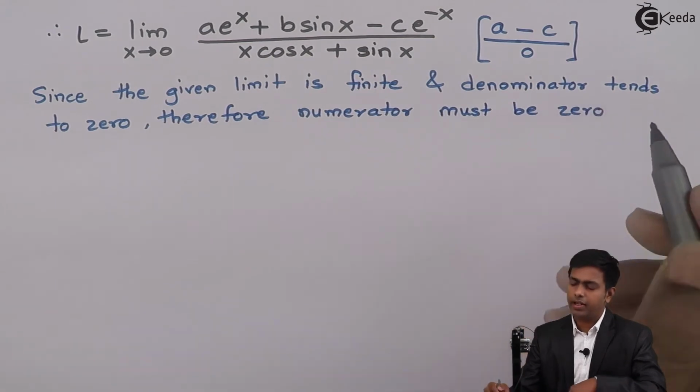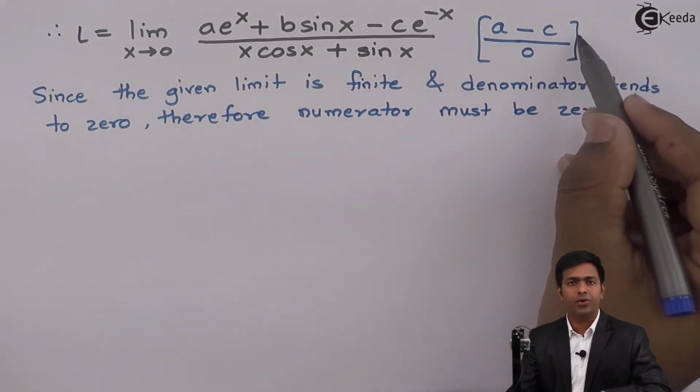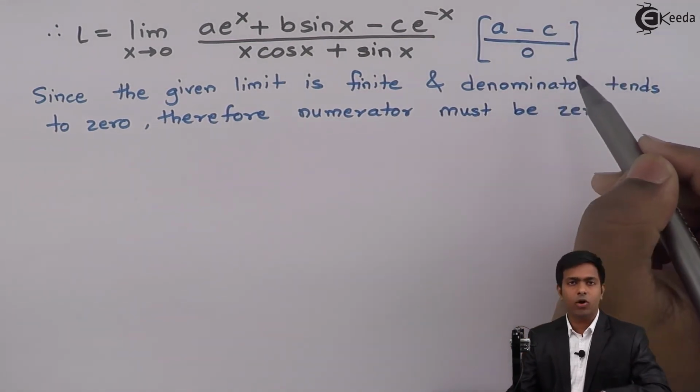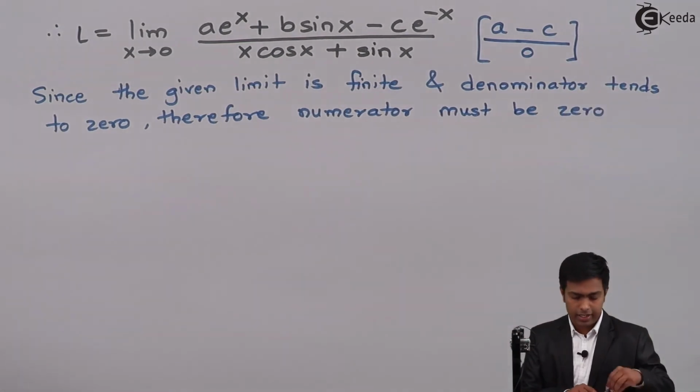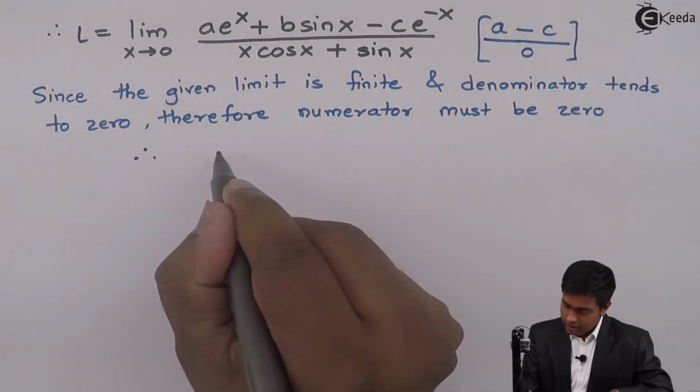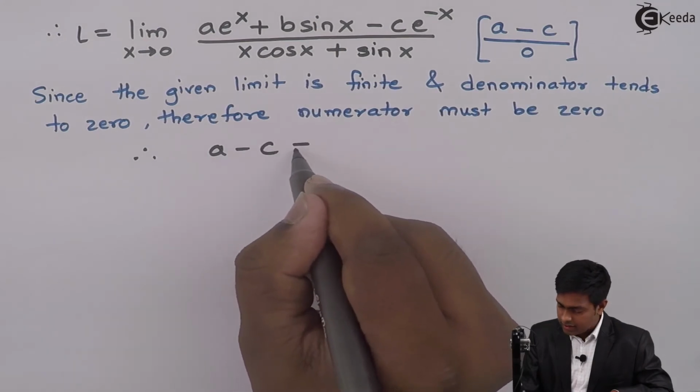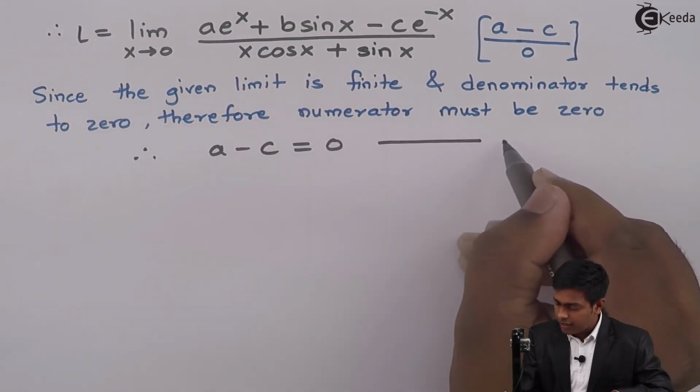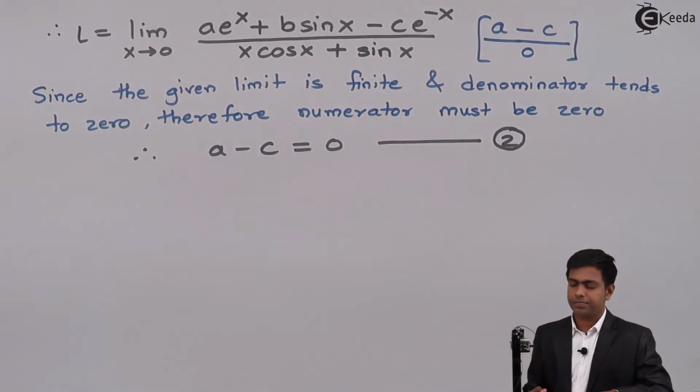So by making this numerator 0, we can apply L'Hopital's rule. So therefore here I will say a minus c is equal to 0, and here we get the second equation.